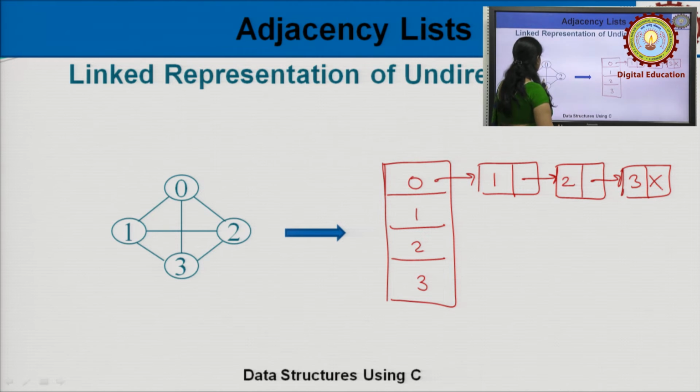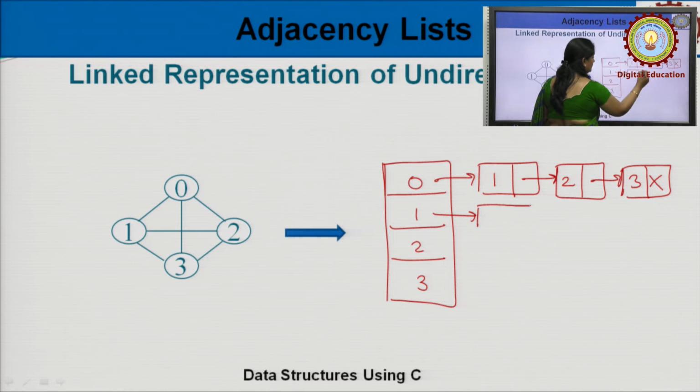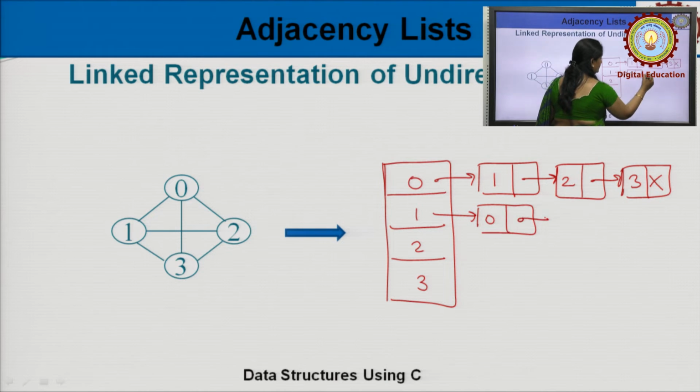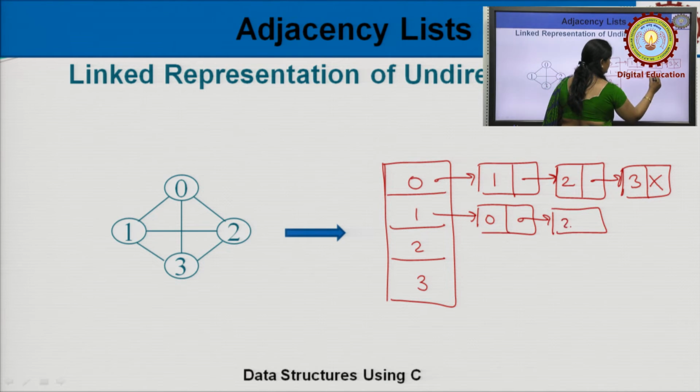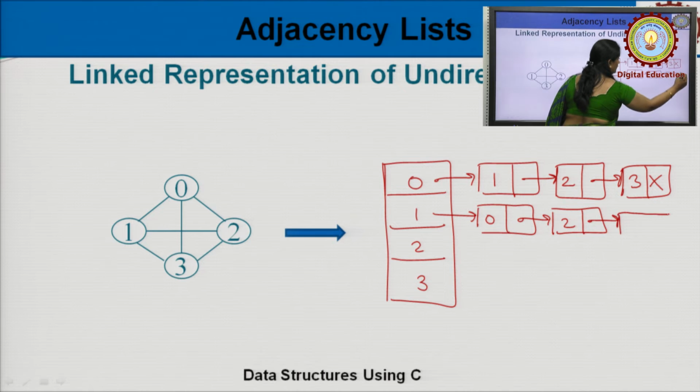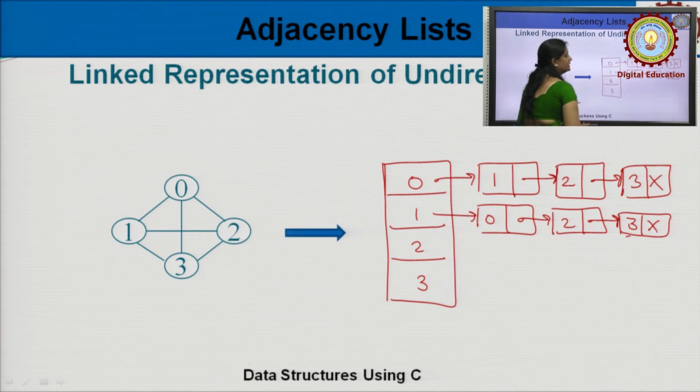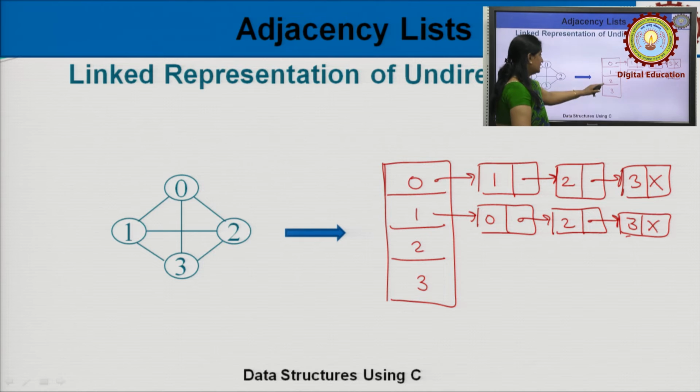Node 1 is adjacent to 0, 2, 3. No more nodes, then adjacency list field will contain null value. Node 2 is adjacent to 0, 1, 3.